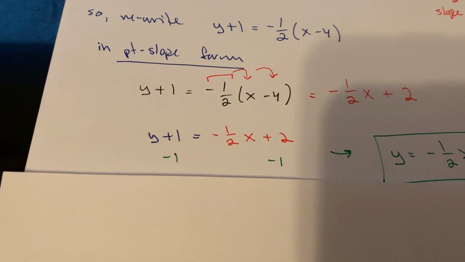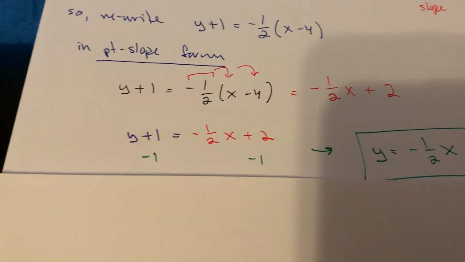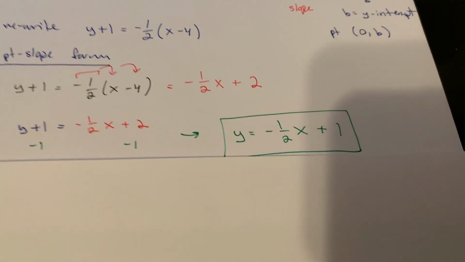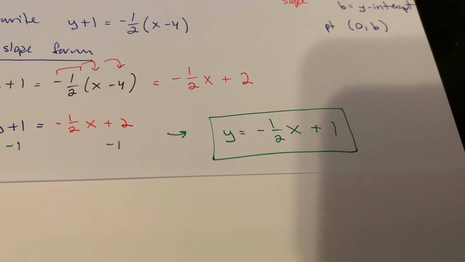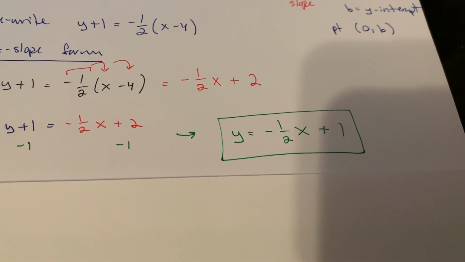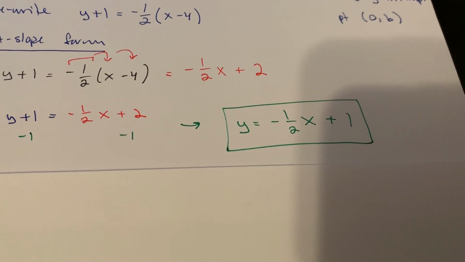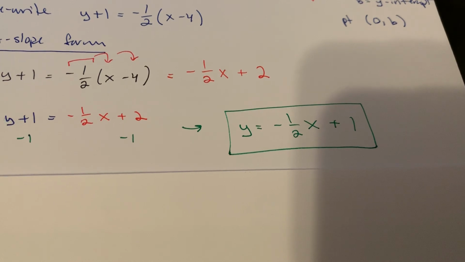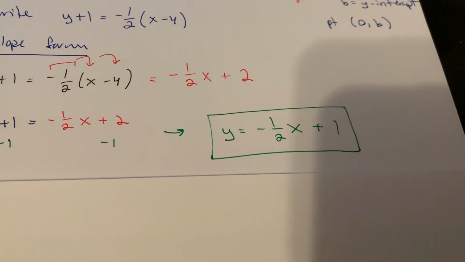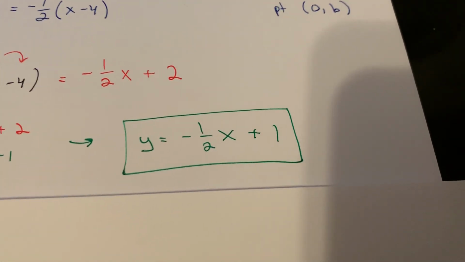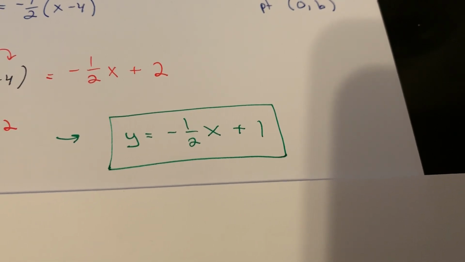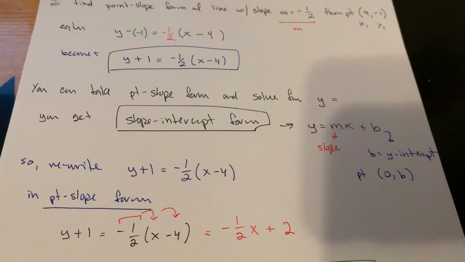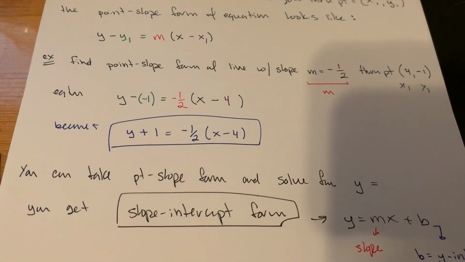To get this solved for y, all I need to do is subtract 1 from both sides, and I'll end up with this slope-intercept version: y equals negative 1/2 x plus 1. You're not writing it with any parentheses. You can see here the slope is negative 1/2, the same as the slope that we started with way up here.